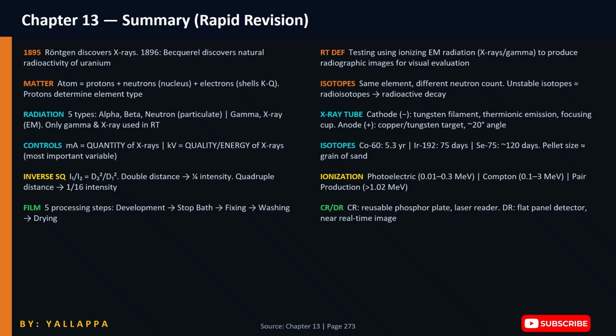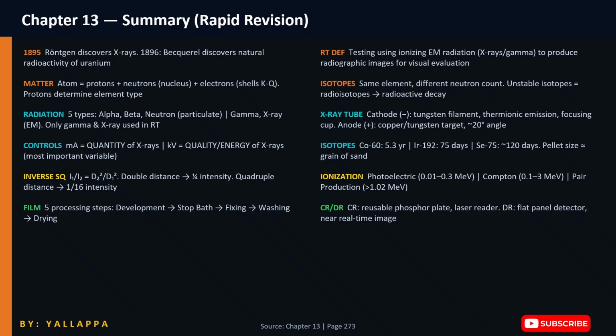We classified radiation into particulate and electromagnetic forms and identified X-rays and gamma rays as the principal radiation types used in conventional RT. Then we studied the interaction mechanisms, photoelectric absorption, Compton scattering, and pair production. After that, we examined X-ray tube operation and gamma-ray source selection.